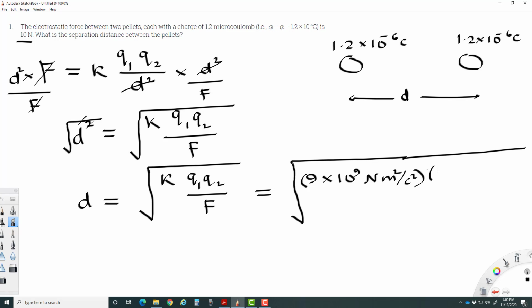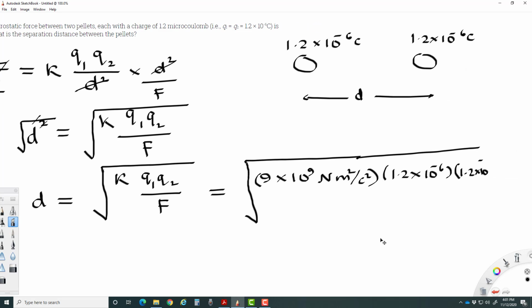And the charge is 1.2 times 10 to negative 6, and q2 is also the same, so 1.2 times 10 to negative 6, and then all over force, which is 10 Newton.